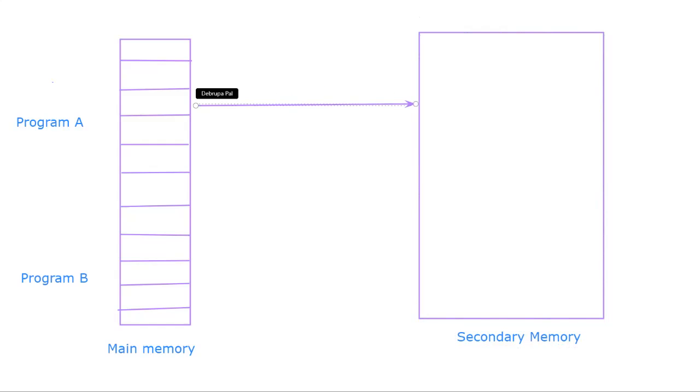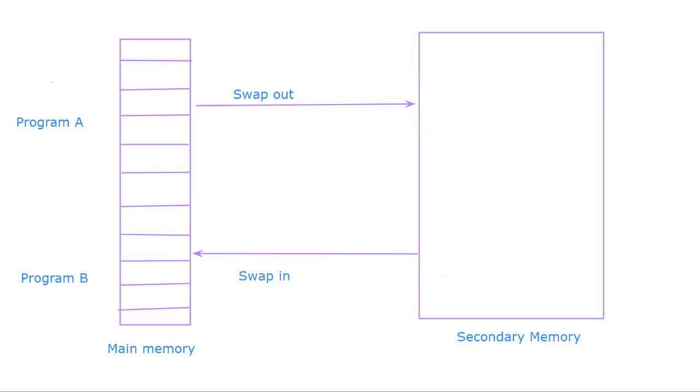Now I am drawing the diagram of swap in and swap out. The memory pages which are not required are swapped out into secondary memory, and whenever they are to be executed, they are swapped in. This is swap out and this is swap in.